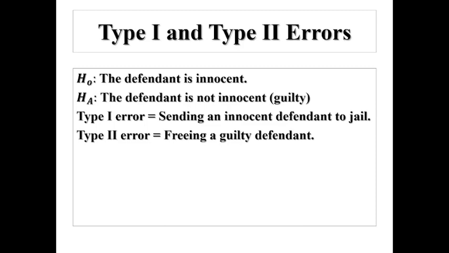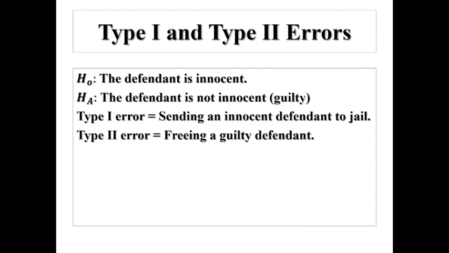Therefore, sending an innocent defendant to jail, right? Okay? The type 2 error is do not reject the false null hypothesis. So he is not innocent, but you do not reject that A is innocent. That means freeing a guilty defendant.